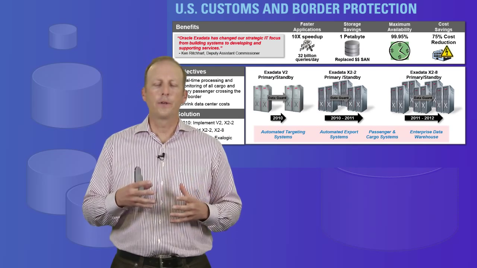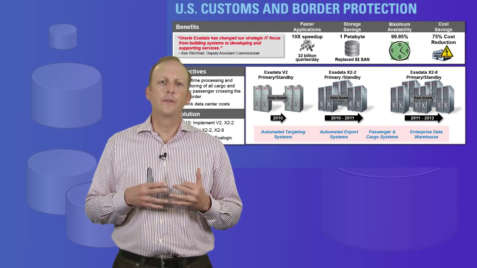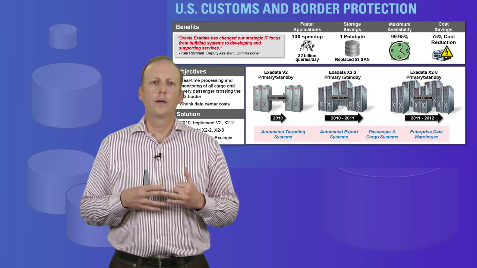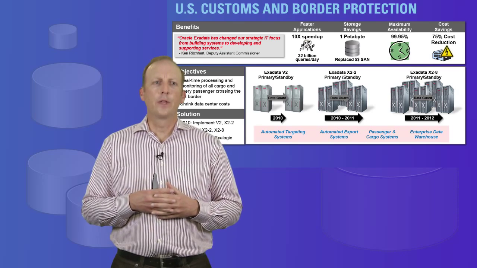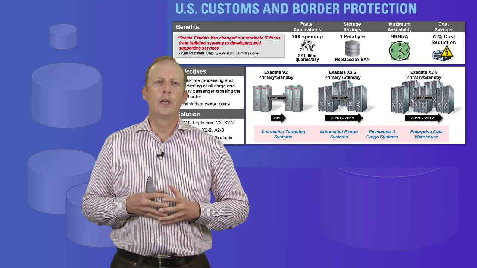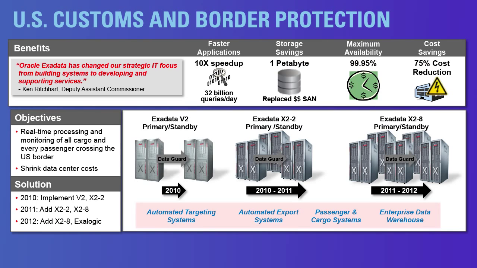They had a variety of different storage offerings and a variety of different database hardware configurations, so they set out to do this consolidation. The most important thing here is the benefits at the top. They have 32 million queries per day, and they're getting a 10x speed up by using these systems.